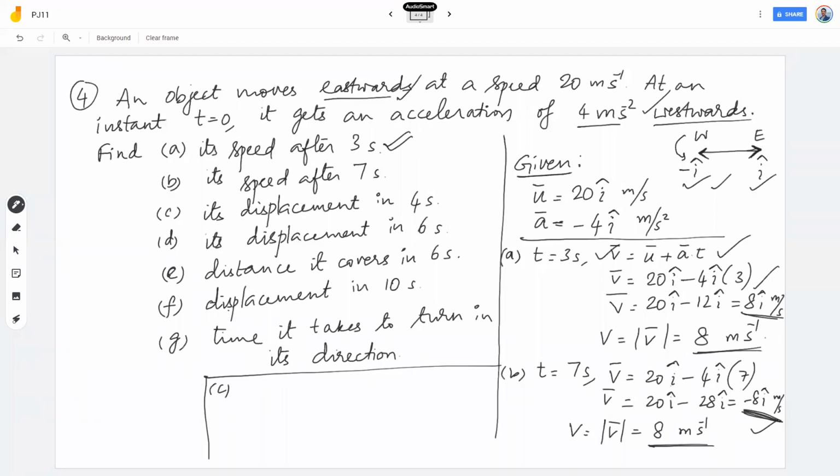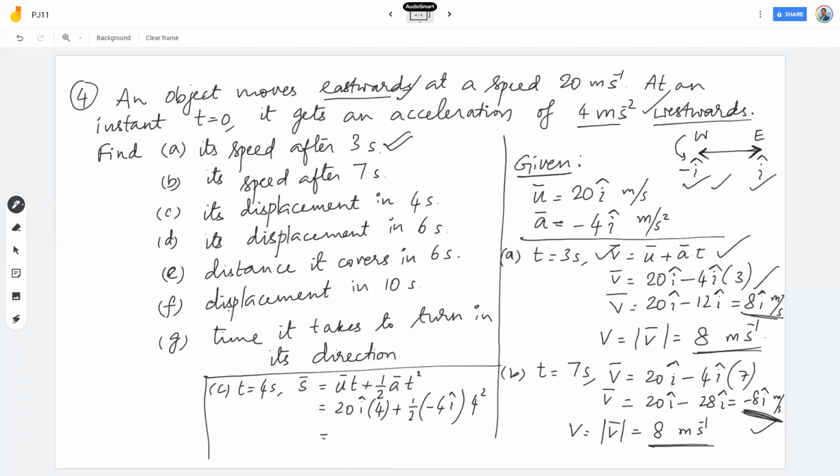What is question C? In question C, I have T is equal to 4 seconds, and we are supposed to calculate S bar. What is the formula for displacement S bar? S bar equal to U bar into T plus half A bar T squared, which is equal to 20 I cap into 4 plus half into minus 4 I cap into 4 square.